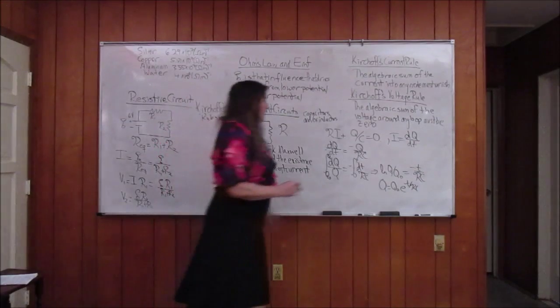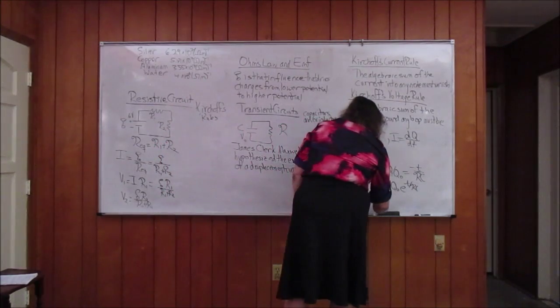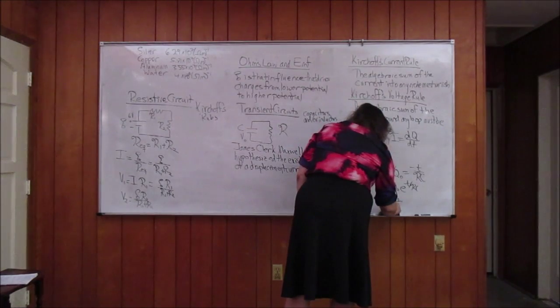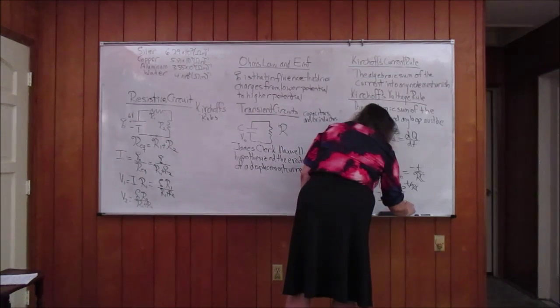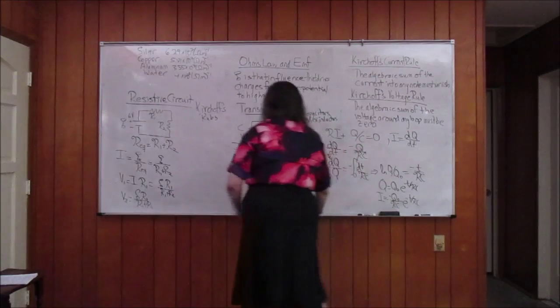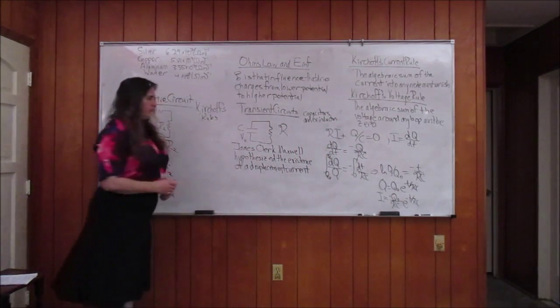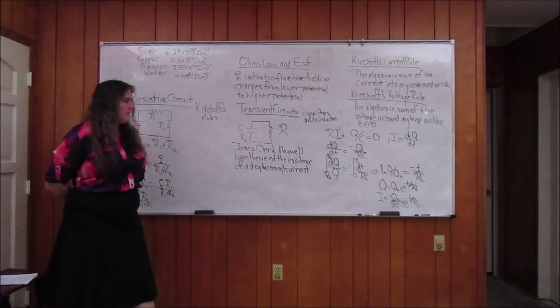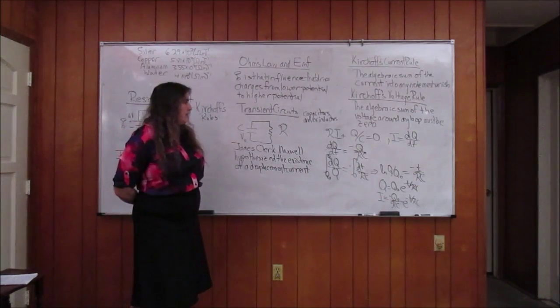We can determine what the current is by taking the time derivative. And that's equal to minus Q naught over RC times e to the minus t over RC.